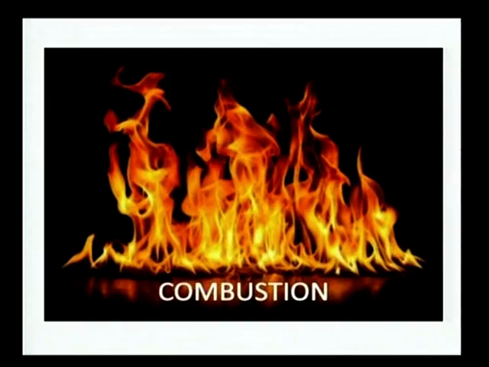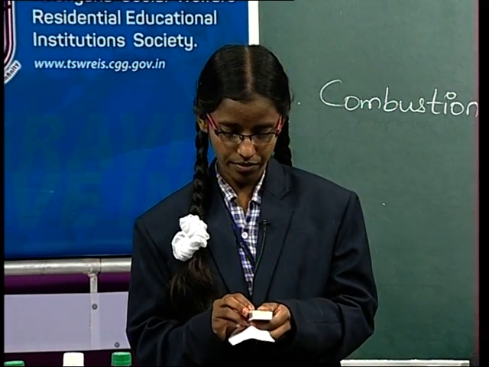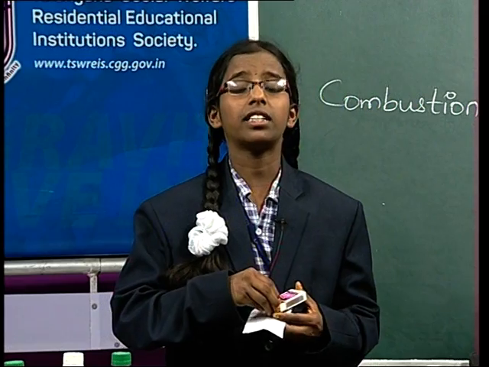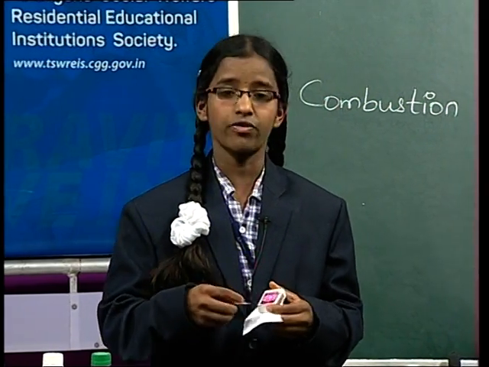Friends, so in the process of combustion, the material which will burn produces light and heat. Let's do an activity to understand this very clearly. Friends, first I am taking a paper. I am checking whether the material which will burn will produce light and heat.